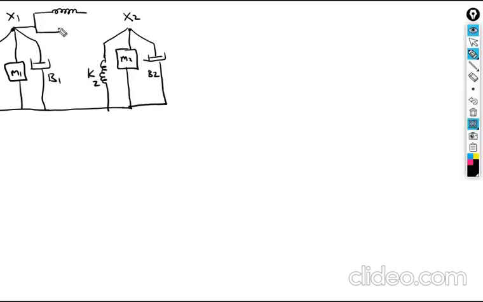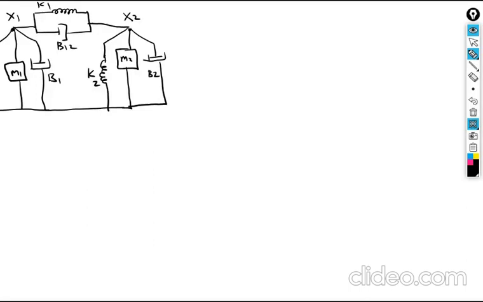This is the common element that I am going to draw. So this is K1 and this is B12. Now this is your first step, drawing the free body diagram.